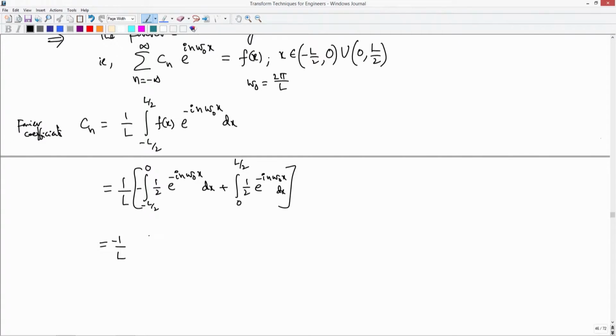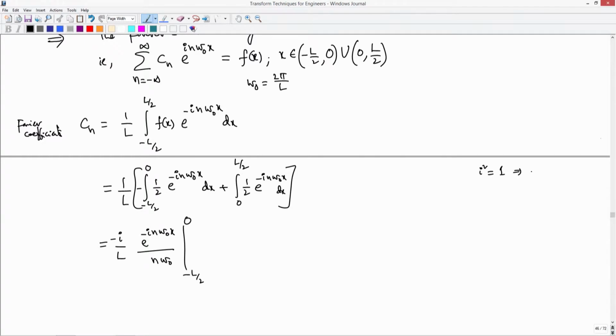and this becomes e power minus i n omega naught x divided by i n omega naught, that is the antiderivative, from minus L by 2 to 0, and this is minus minus plus. So, again you have minus i, because i comes up, it becomes minus i, because i square equals minus 1.